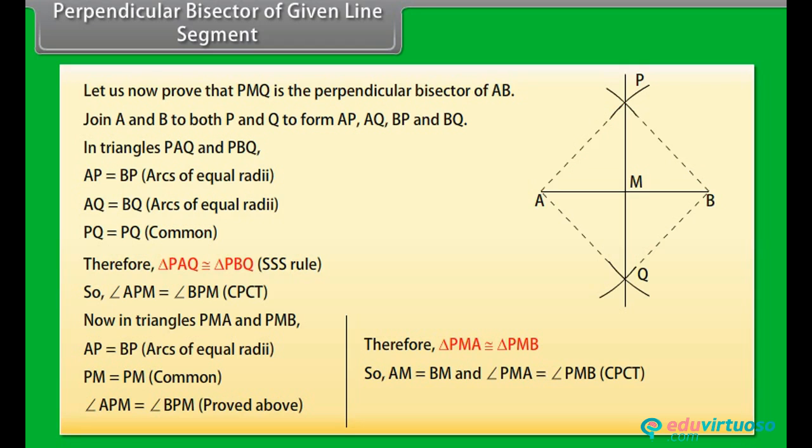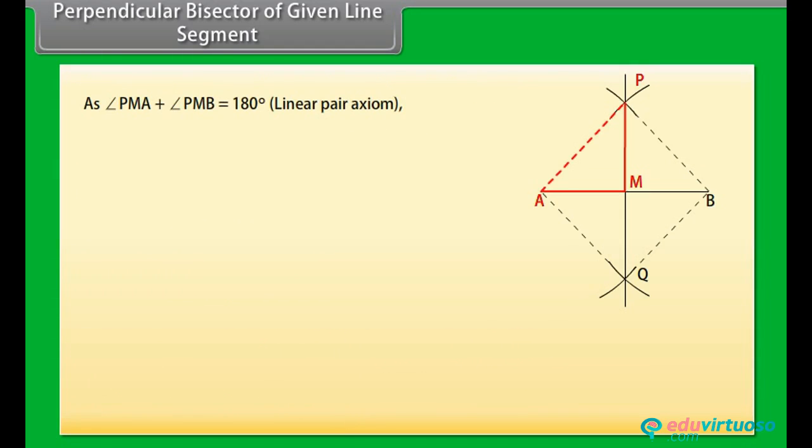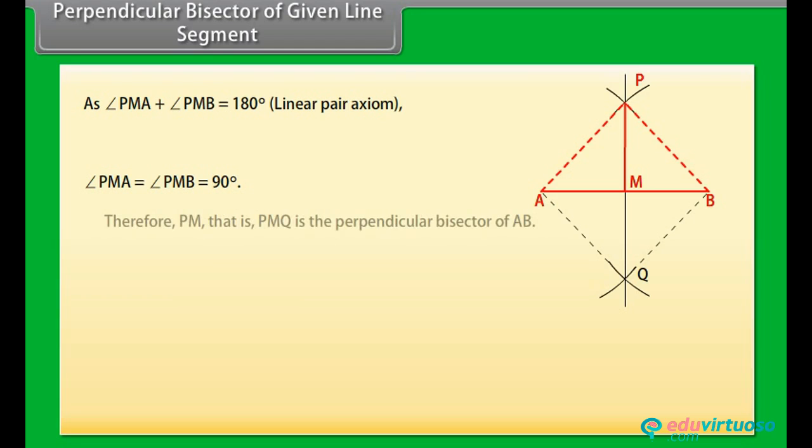Now by using linear pair axiom, angle PMA plus angle PMB is equal to 180 degree, or we can write it as angle PMA is equal to angle PMB, which is 90 degree. Therefore, PM, that is PMQ, is the perpendicular bisector of AB.